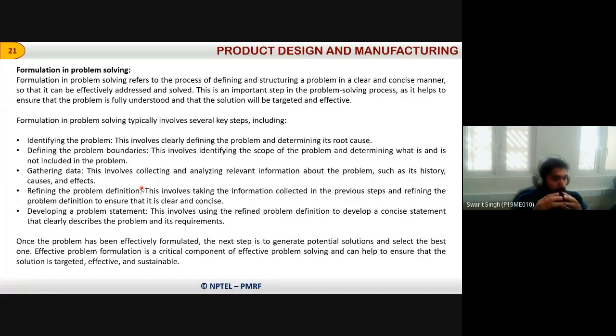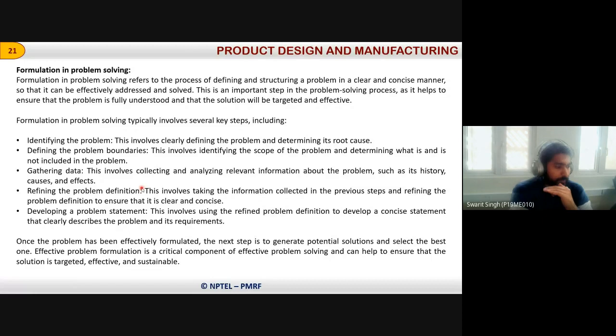The problem that we are addressing needs to be properly defined in a structured manner. Then only will we be able to find the particular solution so that it can be effectively addressed and solved. This is an important step in the problem solving process as it helps to ensure the problem is fully understood and that the solution will be targeted effectively.